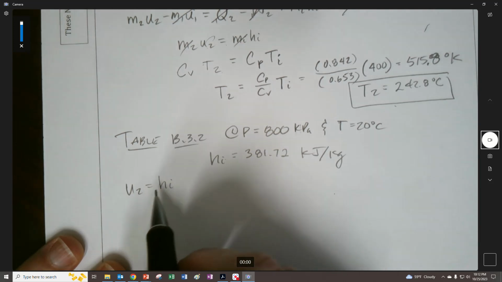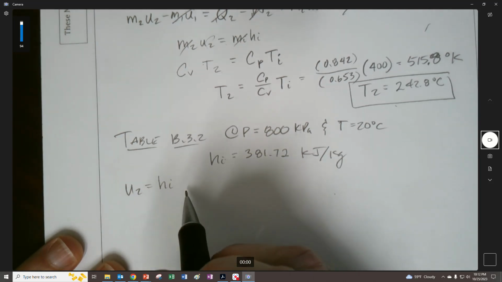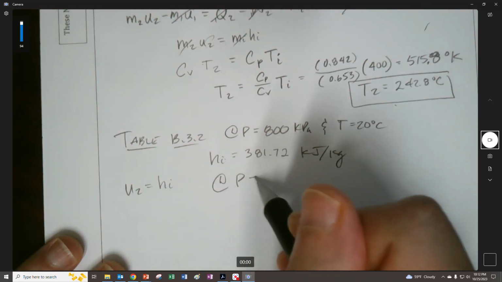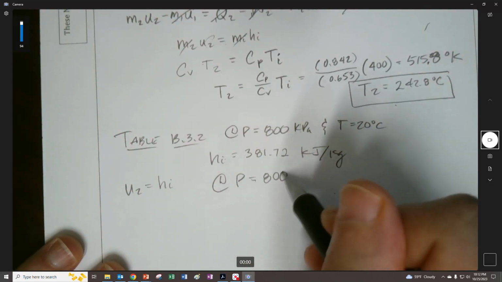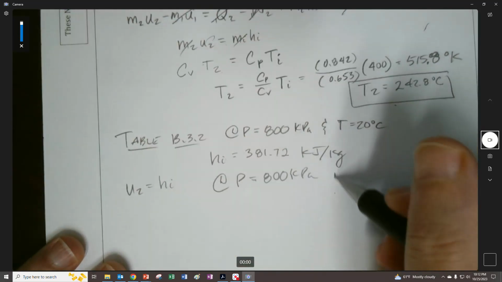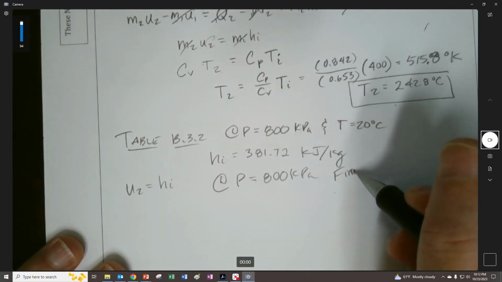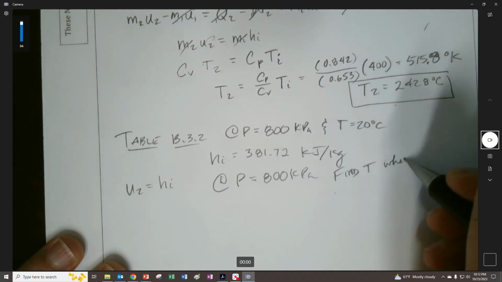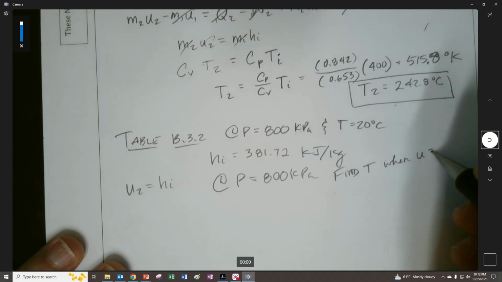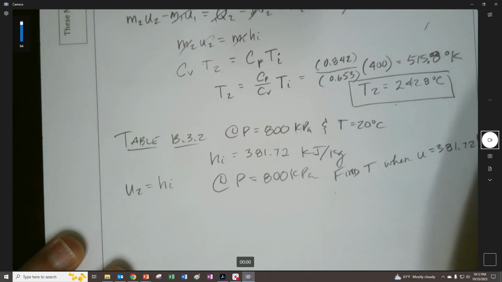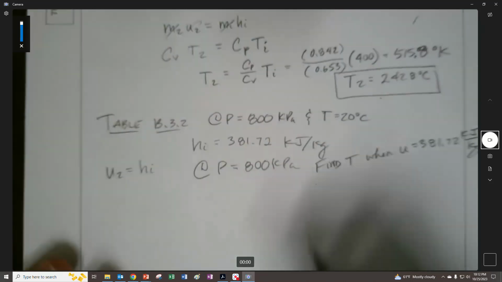We have to look up and find a place, assuming that we're still at 800 kilopascals, the temperature when U is equal to 381.72, right? That's the goal that we have set out for ourselves.